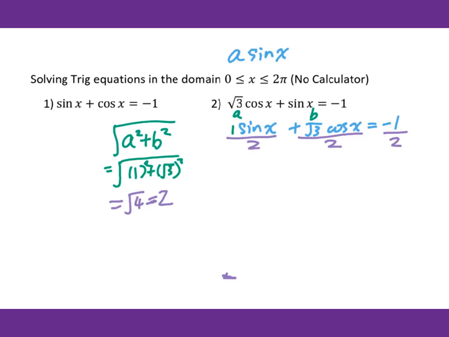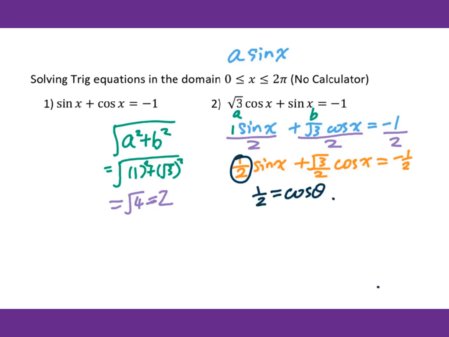And rewrite this one. We got 1 over 2 sin x plus the square root of 3 over 2 cosine x equals negative 1 over 2. Then we set up 1/2 equals cosine theta, and theta will be the reference angle, that's pi over 3.